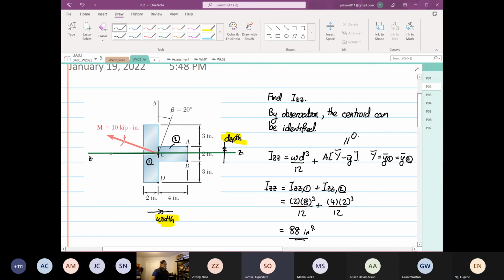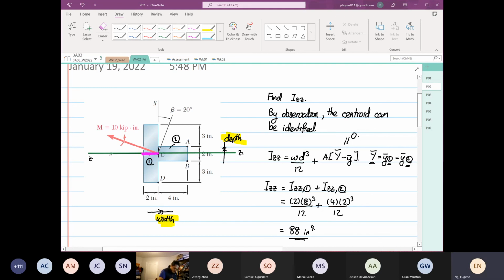Can you come again, why is y bar minus y equal to 0? Because the global y bar is equal to the individual section y bars, y bar 1 and y bar 2. The individual section centroid, I'm going to draw it, is on this line that I've drawn in pink.